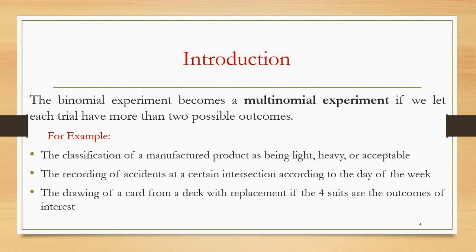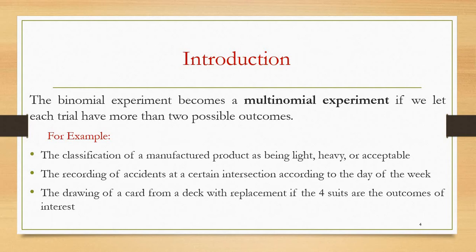Whenever we have more than two possible outcomes in the experiment and the remaining properties remain the same, that the probability of success remains constant, the experiment is repeated a fixed number of times, and each successive trial is independent from the other trial, this is called the multinomial experiment.